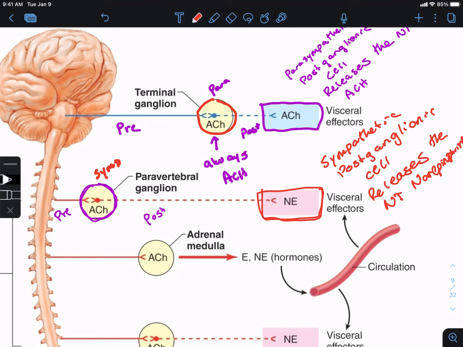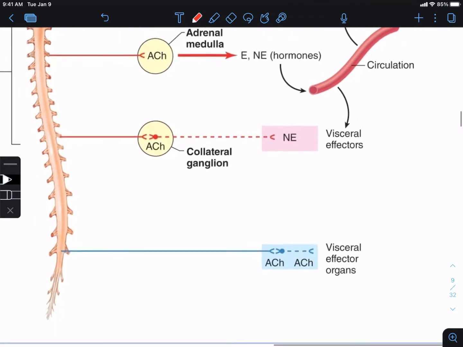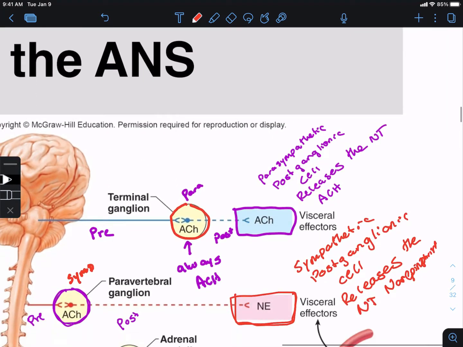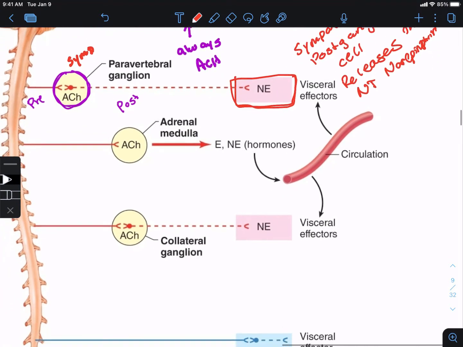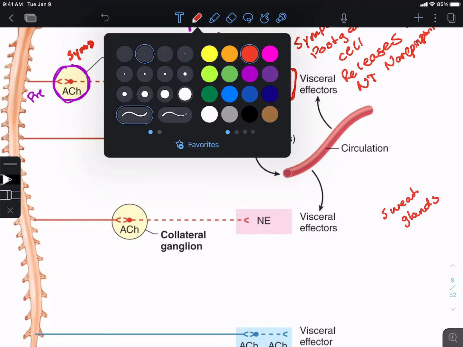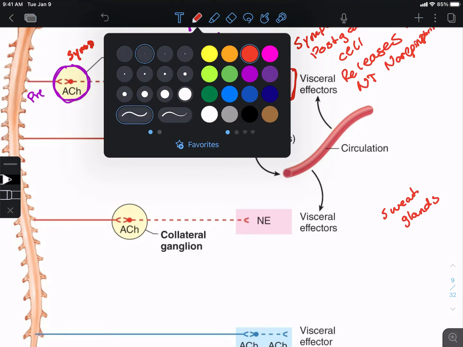Now, there are exceptions to this rule. I'll mention them briefly. I'm not super worried about you learning all of the exceptions to the rules, but for the sympathetic nervous system, one exception, for example, is the sweat glands. Those are regulated by the sympathetic nervous system.